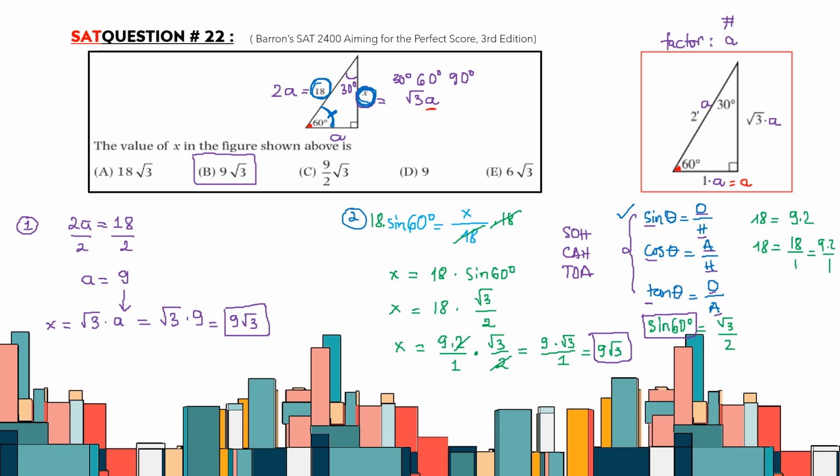And also we have the fact that the sum of the 3 angles inside a triangle is 180. 90 degrees, that is the right angle. So you have 90, you have 60, so the rest has to be 30.